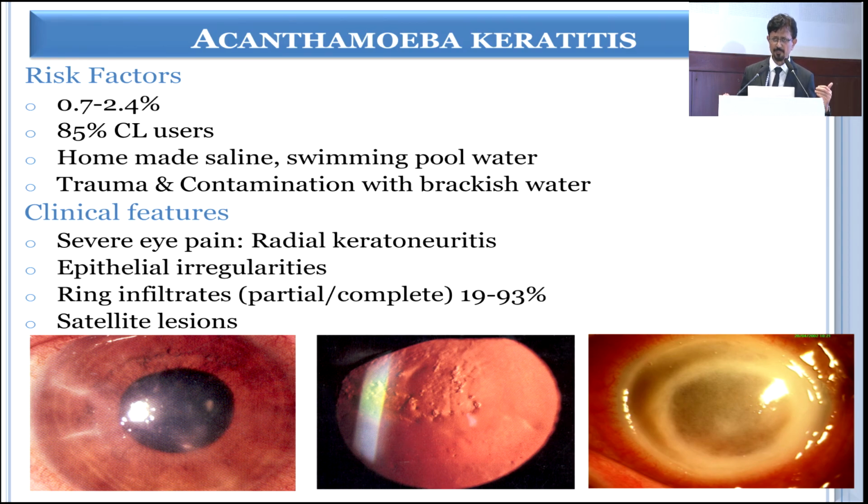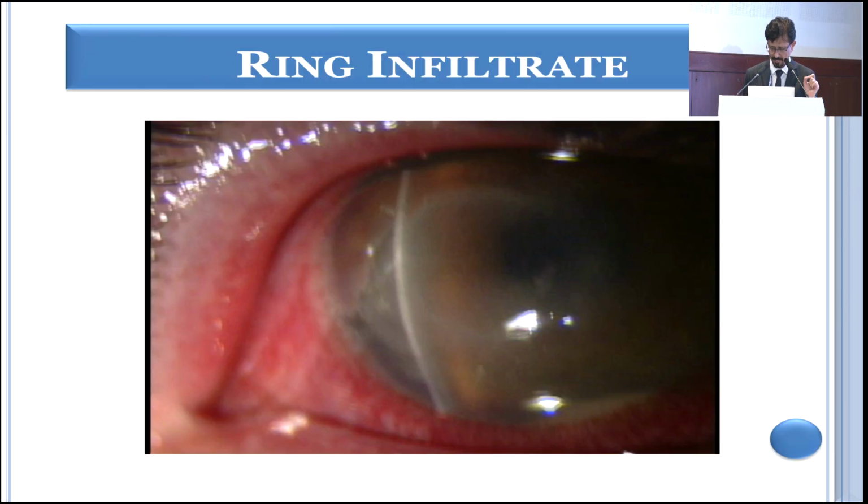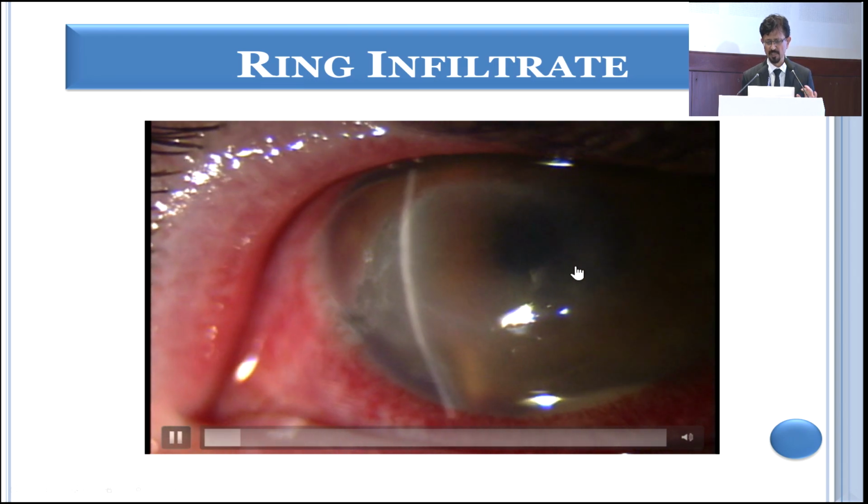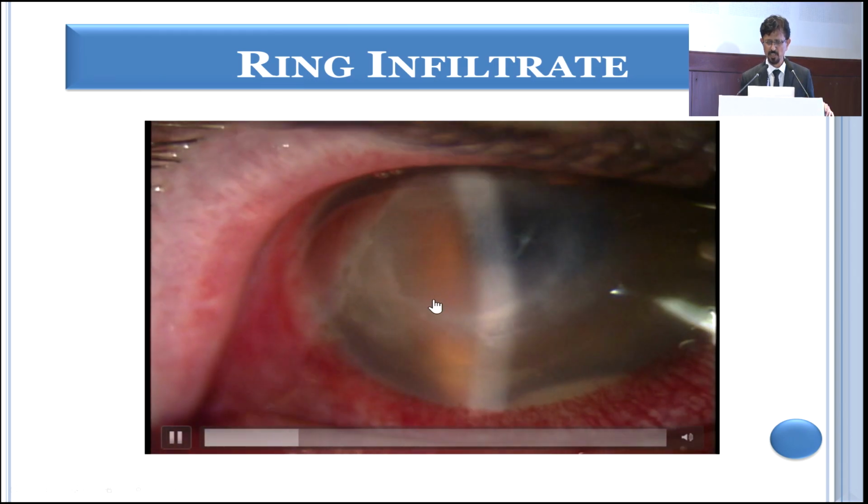Again, if somebody is a contact lens user and develops a keratitis, severe pain in the eye, then that can suggest acanthamoeba. Particularly if you have a ring infiltrate, something like this. This is a ring-shaped infiltrate.